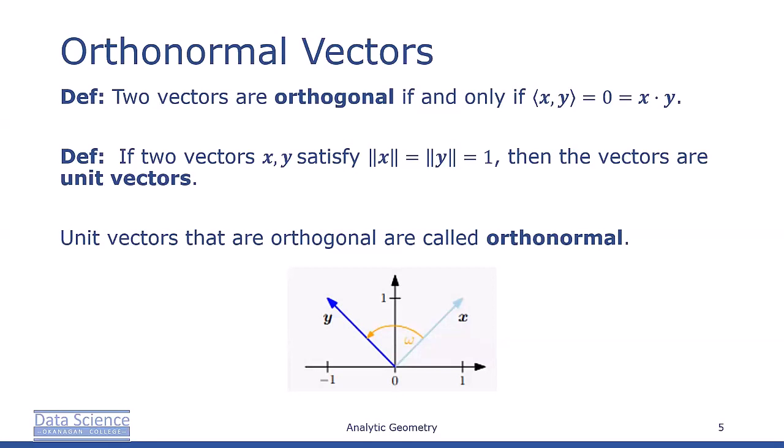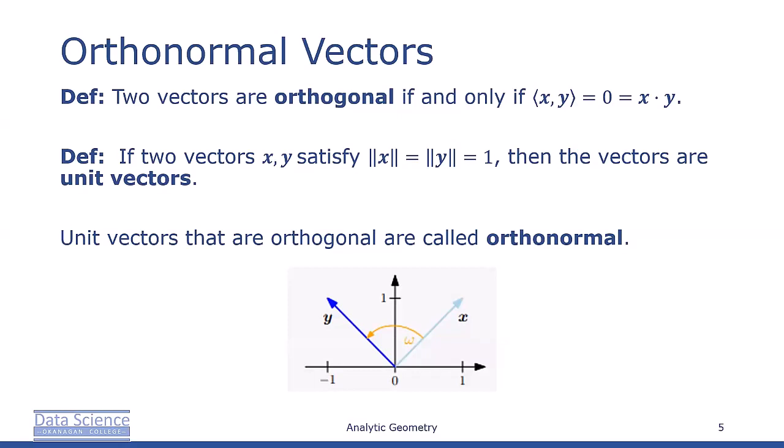A key feature of the inner product is that it also allows us to characterize vectors that are orthogonal. Two vectors x and y are said to be orthogonal if and only if their inner product is 0. If additionally the norms of x and y are both 1, then the vectors are said to be unit vectors.